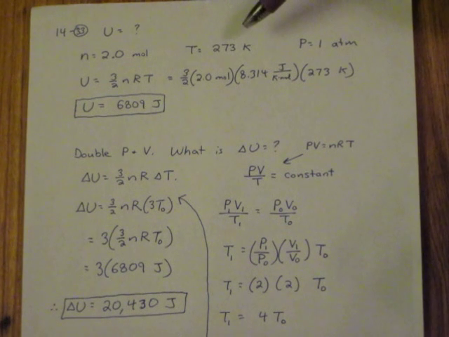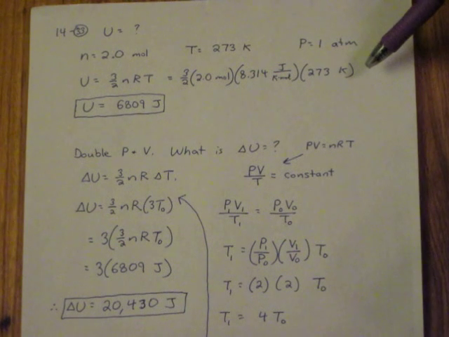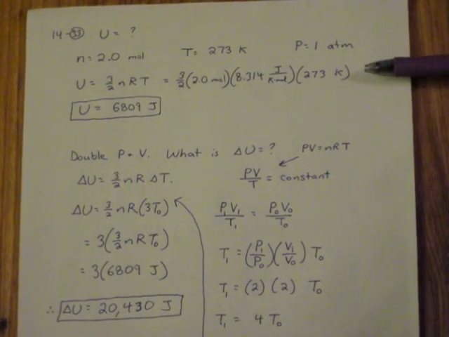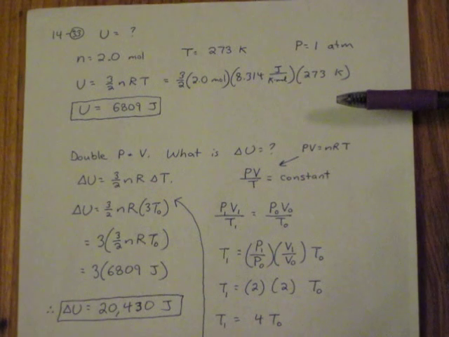So 2 moles, 273 Kelvin, pressure at 1 atmosphere. And U equals 3/2 nRT. So we plug that in, 3/2 times 2 moles times 8.314 times 273, and we get the internal energy of 6809 joules.